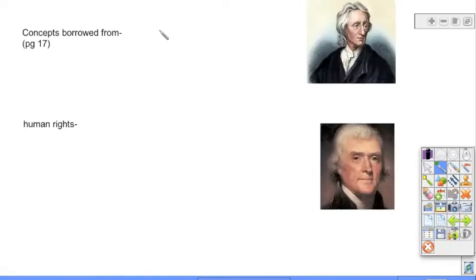Okay, so yes, these ideas of natural rights are borrowed from John Locke, which is this dude. And John Locke originally said that the human rights you're born with are life, liberty, and property. Thomas Jefferson would borrow these ideas of John Locke's natural rights and social contract. And these ideas will become very essential to the Declaration of Independence and later will go on to form the basis of our government.